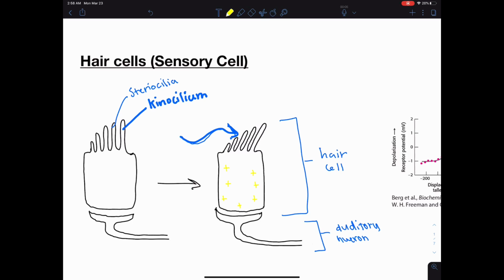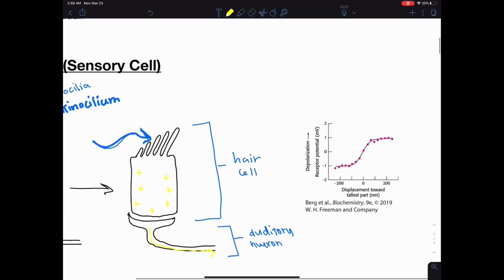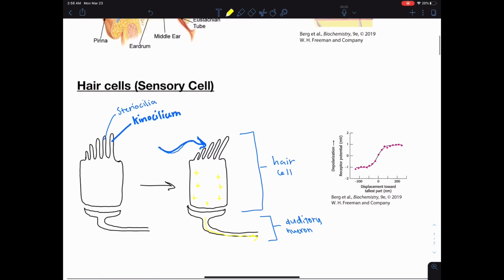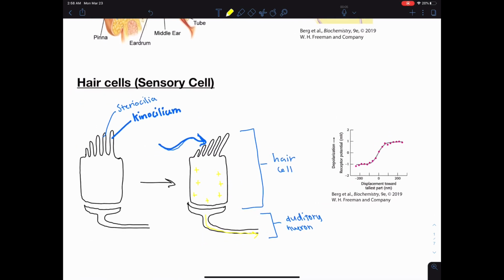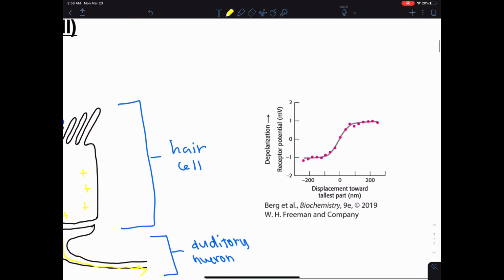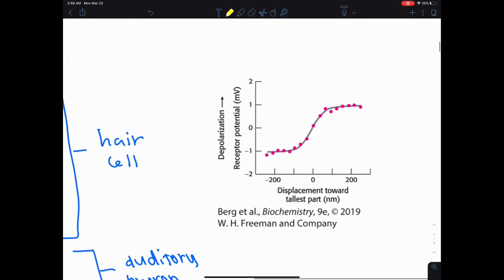And then that signal is transmitted to the next neuron, and then ultimately to the brain.